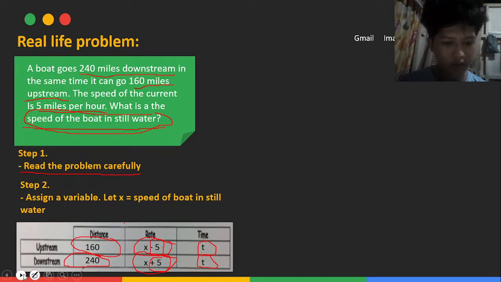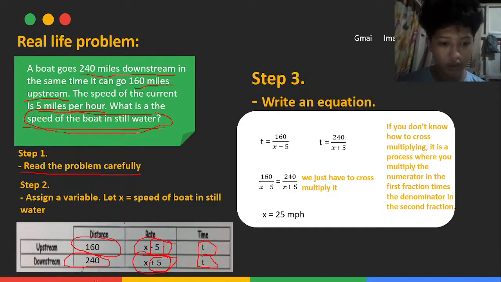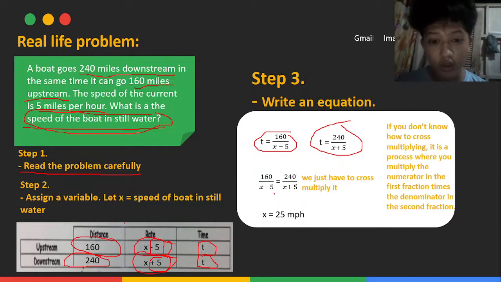Next, step 3, we write an equation. Here we have t equals 160 over x minus 5, and t equals 240 over x plus 5.